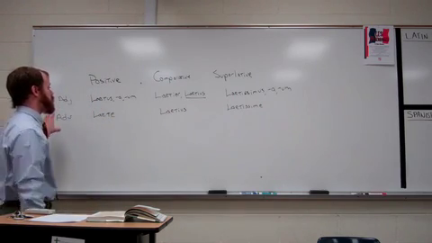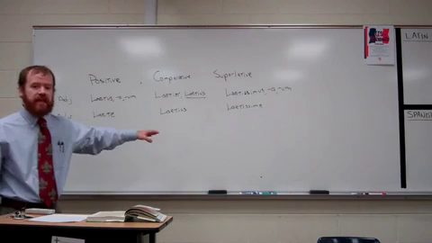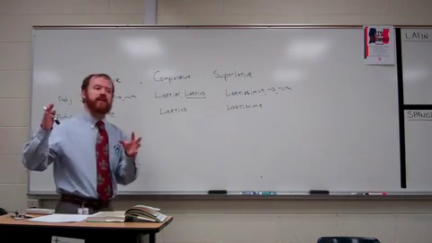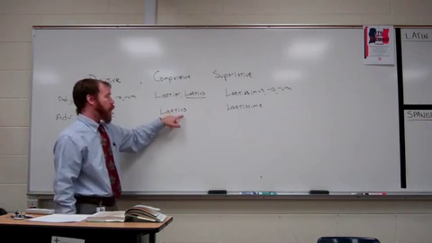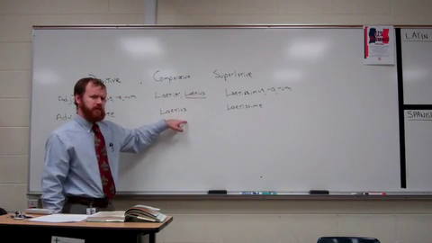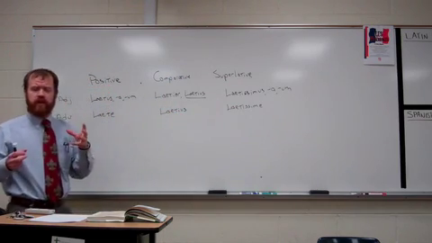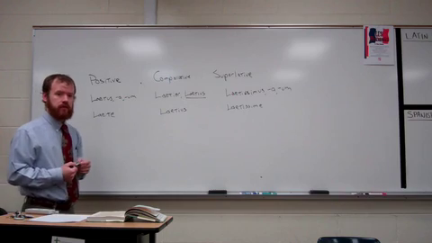Now, looking at this, what adverb form are you going to have to be careful about? Hopefully at this point you're all thinking to yourself, the comparative. Why are we going to have to be careful about the comparative? What about the comparative is similar to other endings that we already have?